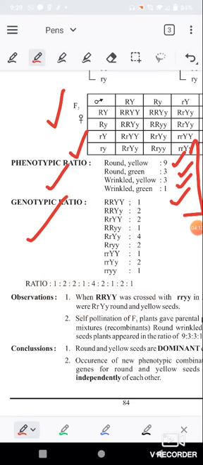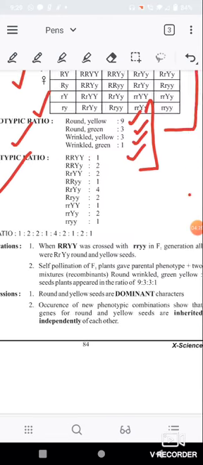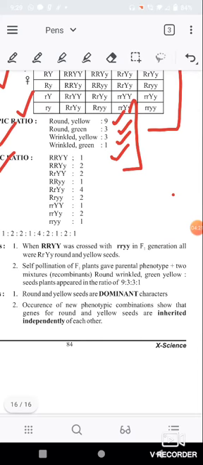After this complete cross, let us discuss what Mendel concluded and what observations were made. From this cross, the observations are that when a plant with round and yellow seeds is crossed with a plant with wrinkled and green seeds, both being pure, he was getting in the F1 generation all progenies round and yellow.